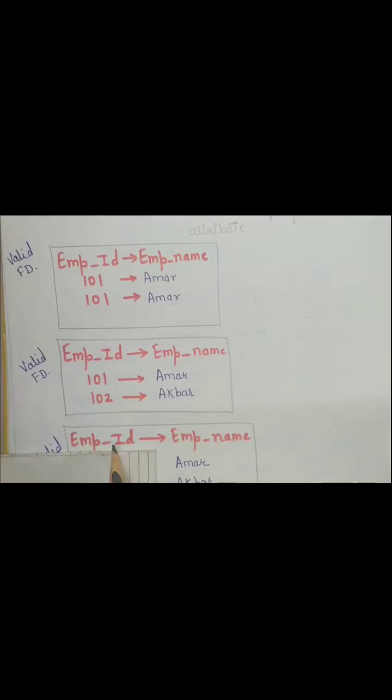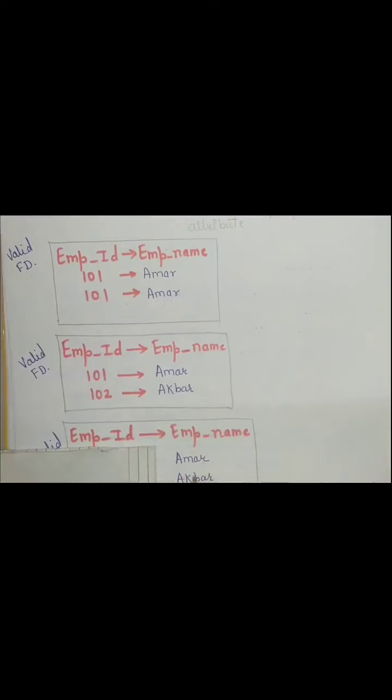Now let's see another case. Employee ID determines employee name. The values I am having here are Amar and Akbar. Obviously the names are different over here. Now let's see what is there in the employee ID. You can see here 101 and 101.